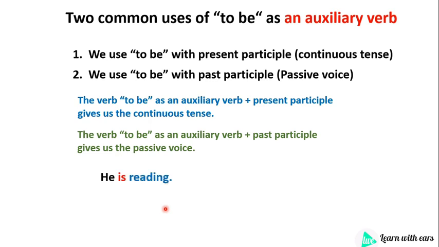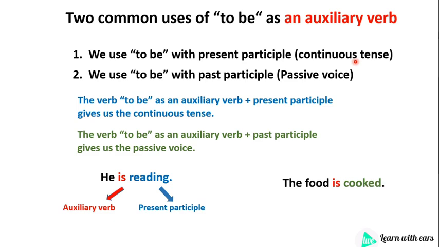For example, he is reading. Is is an auxiliary verb. Reading is present participle, main verb with ing, and when they come together they make continuous tense. Now second, the food is cooked. Is is an auxiliary verb.